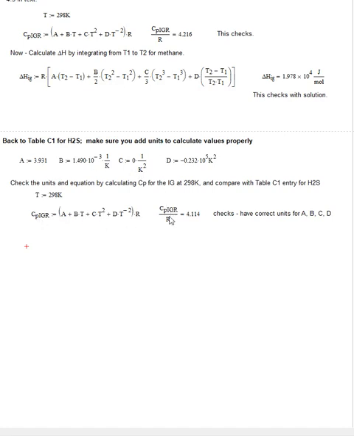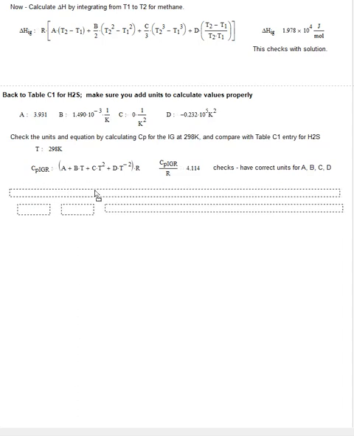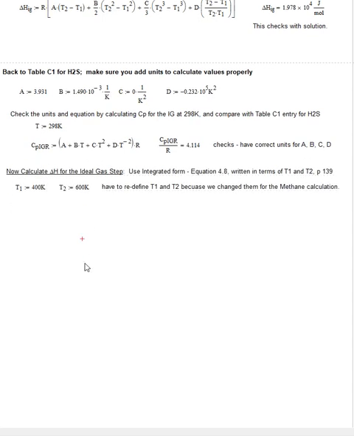If I take the heat capacity divided by R, I should get a dimensionless number, which is equal to the value that's in that table. It should be 4.4114, and that checks. So again, that's not required. This is just something that I'm doing because I want to make sure that I'm doing things correctly before I go too much farther. So now I can calculate the delta H for the ideal gas step.